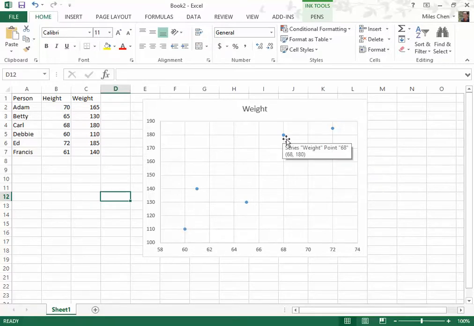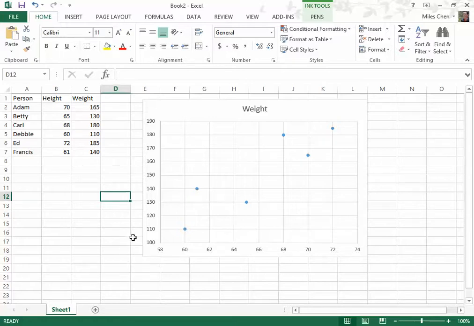Carl is 68, he weighs 180. Adam is 70, and he weighs 165. So any two individual points may not necessarily be in this relationship, but overall, there is a relationship where higher values of one variable, height, are associated with higher values of weight.